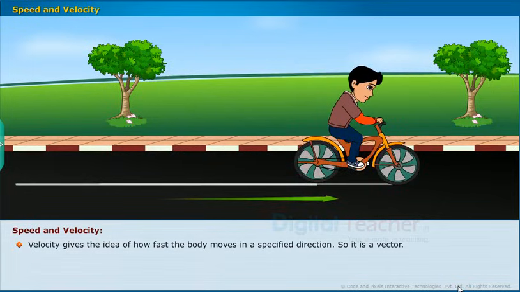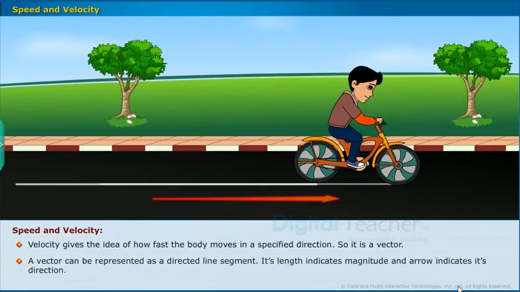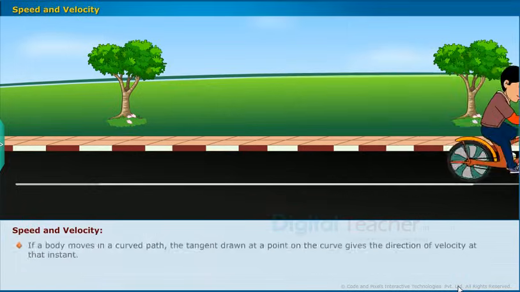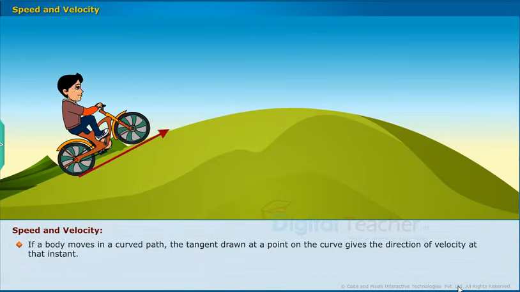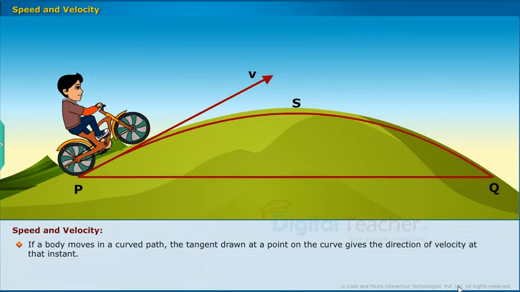So, it is a vector. A vector can be represented as a directed line segment. Its length indicates magnitude and the arrow indicates its direction. If a body moves in a curved path, the tangent drawn at a point on the curve gives the direction of velocity at that instant.